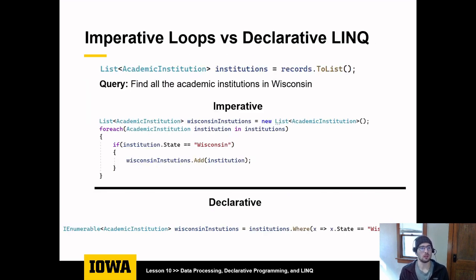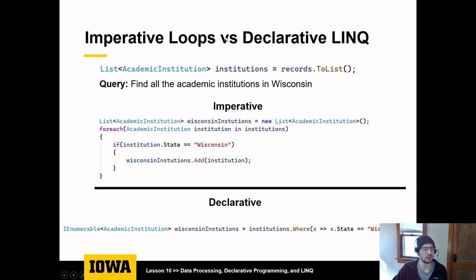Okay, so let's say our query is we want to find all the academic institutions in Wisconsin. Okay, so we have our institutions defined up here. Find all the academic institutions in Wisconsin. The imperative way to do this, right? We tell C# exactly how to do this thing. How do you find all the academic institutions in Wisconsin?